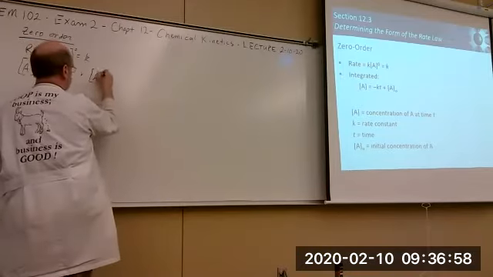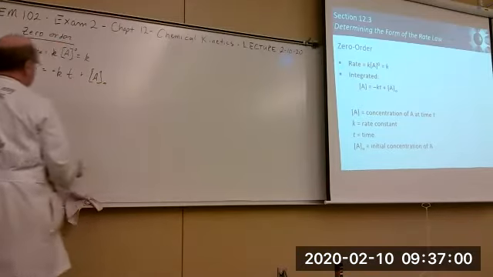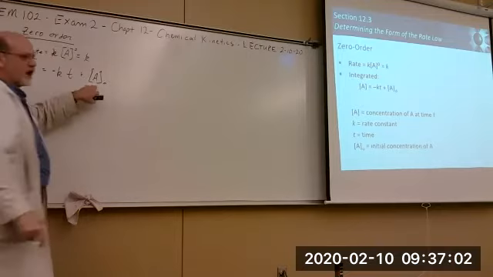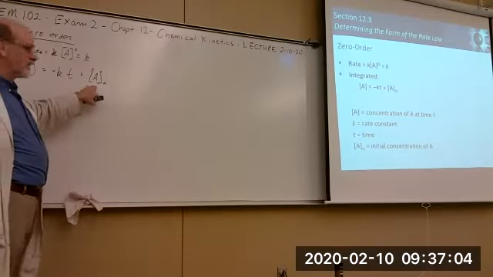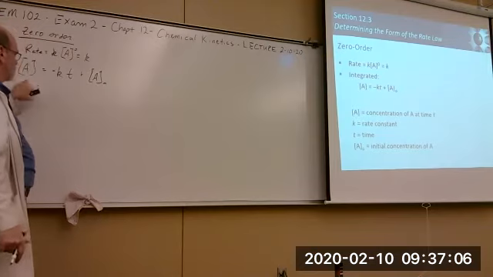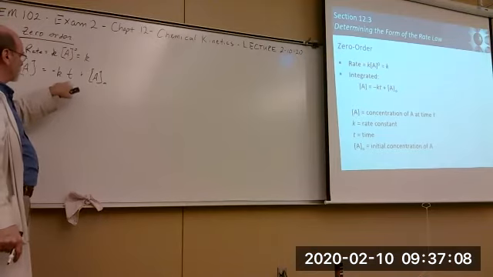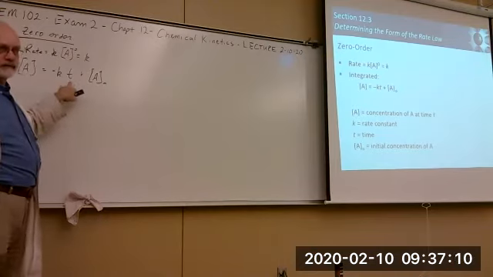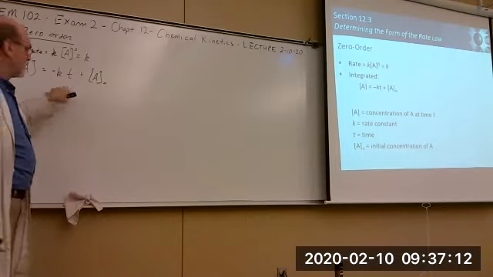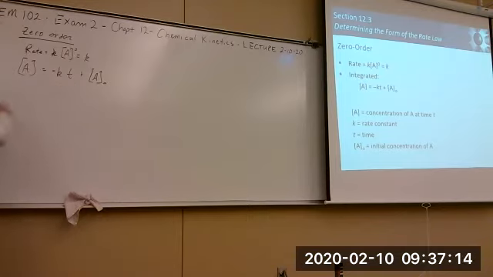This in here. So what this means is this is the initial concentration. This is the final concentration. This is your rate constant, and that's how long it took you to get there. So notice the form.